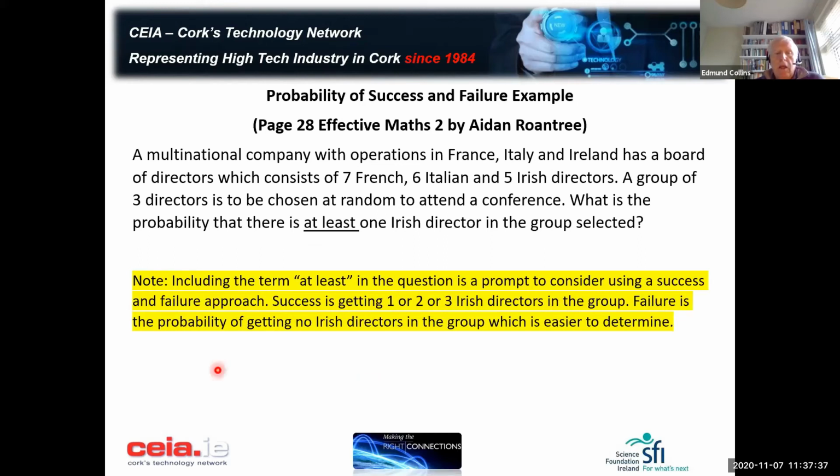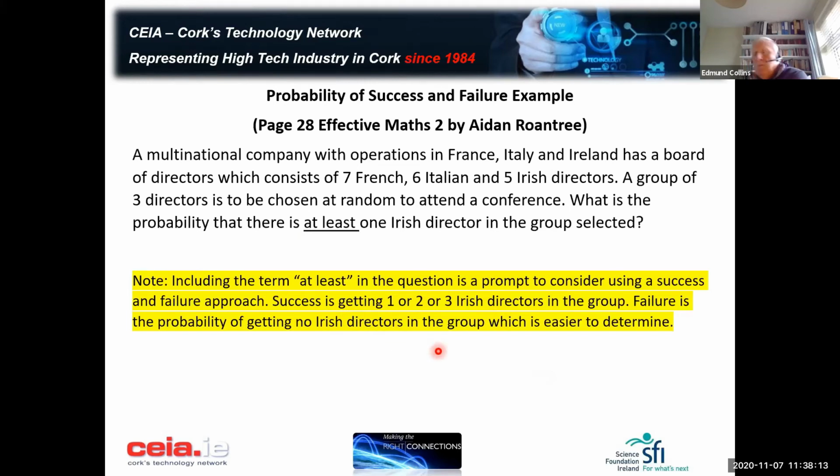However, failure is the probability of getting no Irish directors in the group, which is easier to determine. So it'll only be by practice and looking at different questions that you'll come to decide in any particular case what's the best one to use. But certainly in this case, there's a lot of work in calculating the probability of success. So better to go with the failure option.